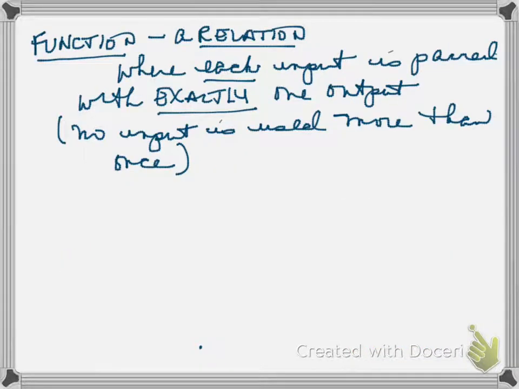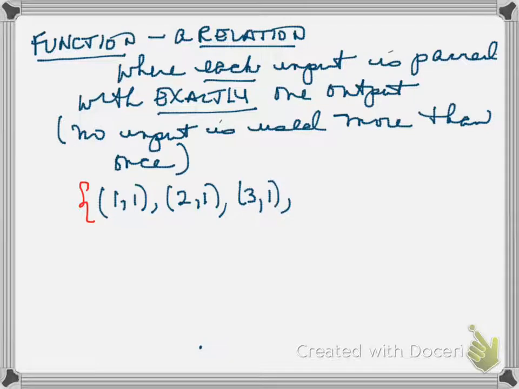Here's an example of a function. So we'll look at this in the set of ordered pairs. If we have the ordered pair 1, 1, 2, 1, 3, 1, and 4, 1.